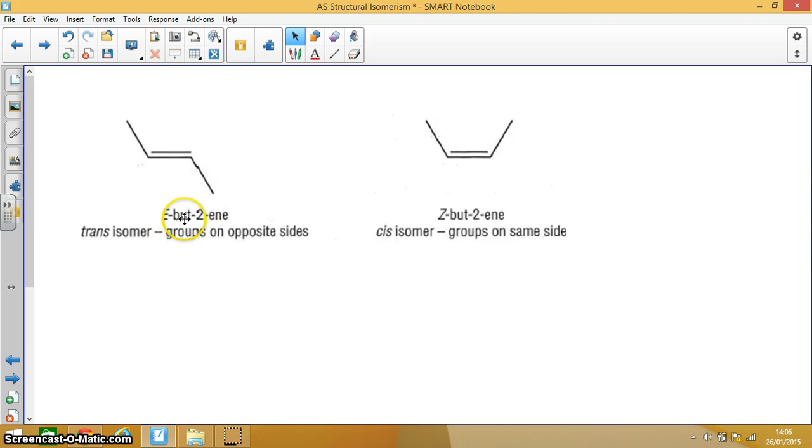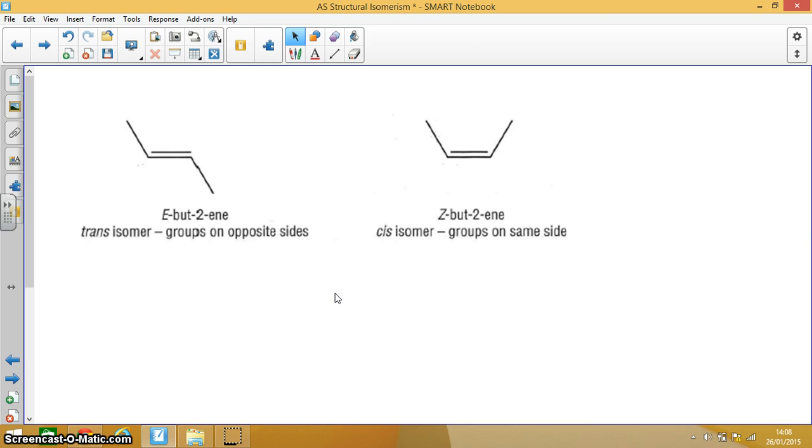So this is E-but-2-ene, whereas this isomer is Z-but-2-ene.